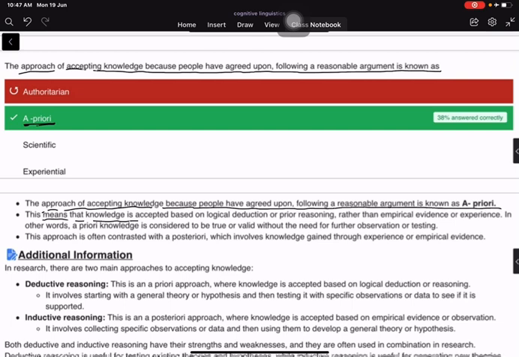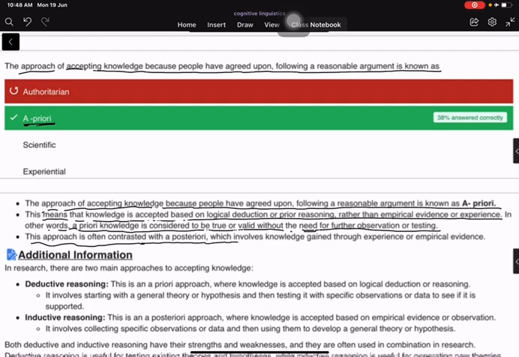This means that knowledge is accepted based on logical deduction or prior reasoning rather than empirical evidence or experience. In other words, a priori knowledge is considered to be true or valid without the need for further observation or testing. This approach is often contrasted with a posteriori, which involves knowledge gained through experience or empirical evidence.